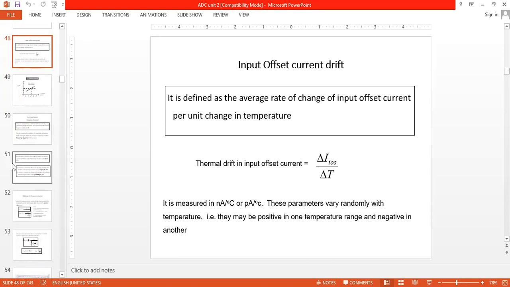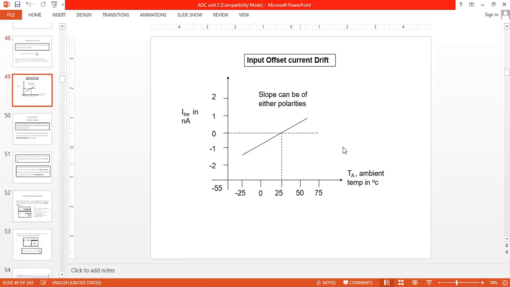So what is the change of input offset current drift with respect to the temperature variations? It is expressed in nanoampere or picoampere. The slope can be of either polarity.